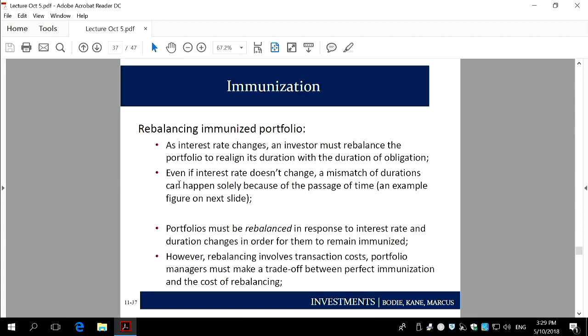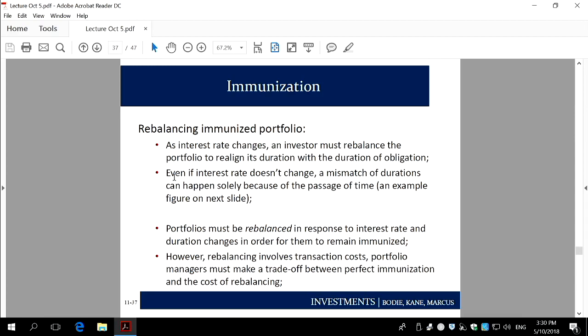Because in the future, if the interest rate changes, an investor must rebalance the portfolio to align the duration of the portfolio with the duration of your investment horizon. Which means in the future, if the interest rate changes, this match of duration would not work. You have to change the portfolio to make those two equal again.